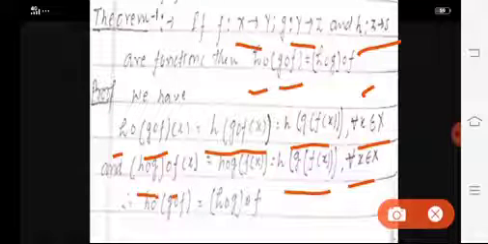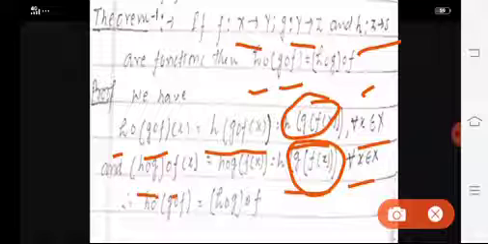For every x belonging to the set X, and (f∘(g∘h))(x) we can write as well, that is h(g(f(x))) for every x belonging to set X. It means that from here we can say that (f∘g)∘h equals f∘(g∘h).